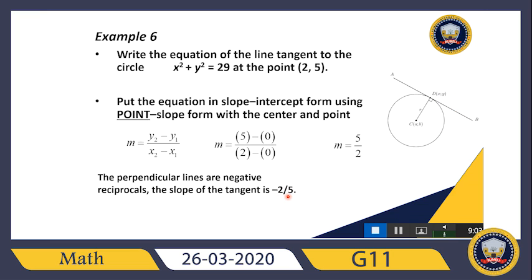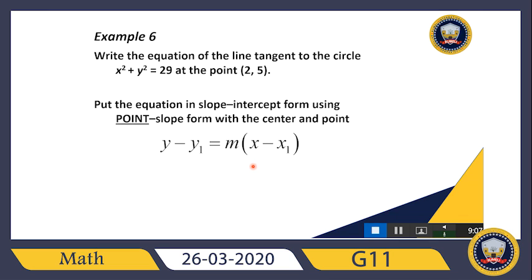Now we need to find the equation of this tangent. As we know, we can use the standard form of the line's equation, which is y minus y1 equals m times x minus x1. But I need m, I need y1, I need x1.